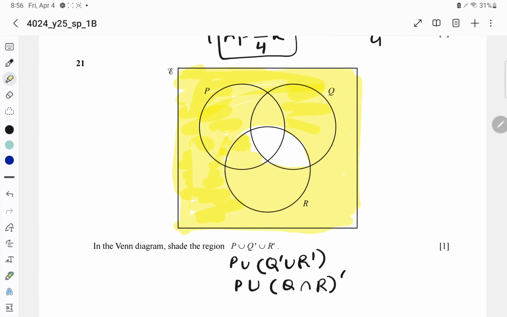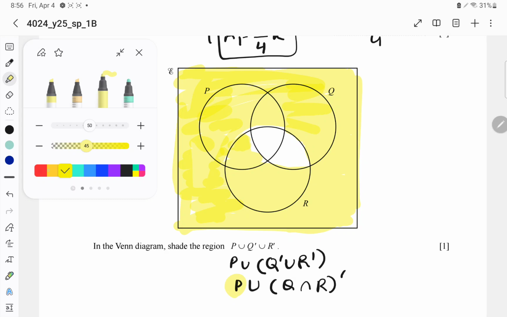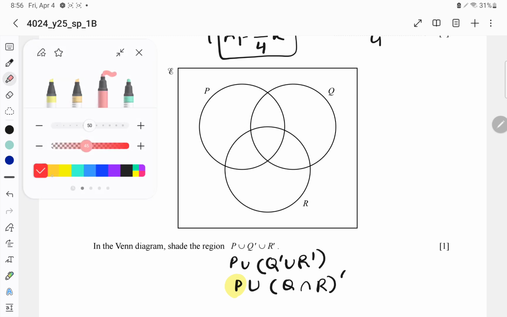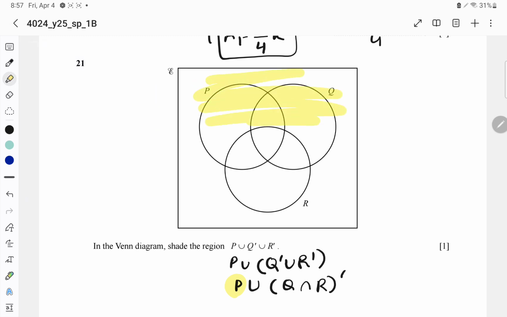Now I have to combine with union P, this answer with P. So obviously I'll shade P also. The remaining part I will not shade. The rest of the part is the answer to the question. So finally, only this part is not shaded, which I have already shown you. This is our answer.